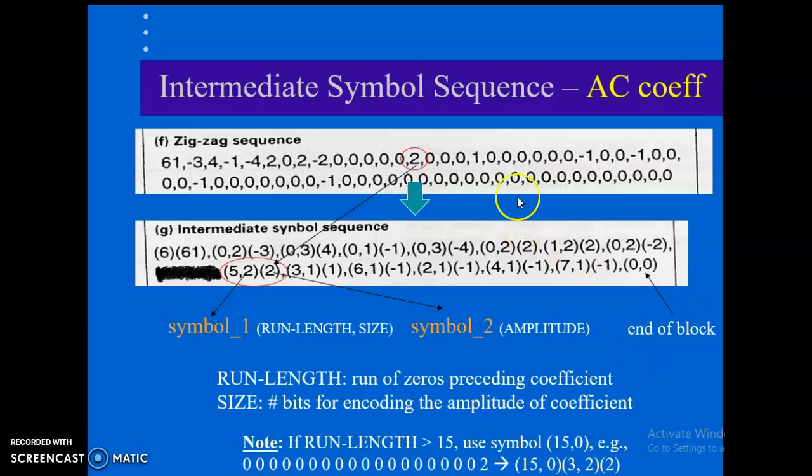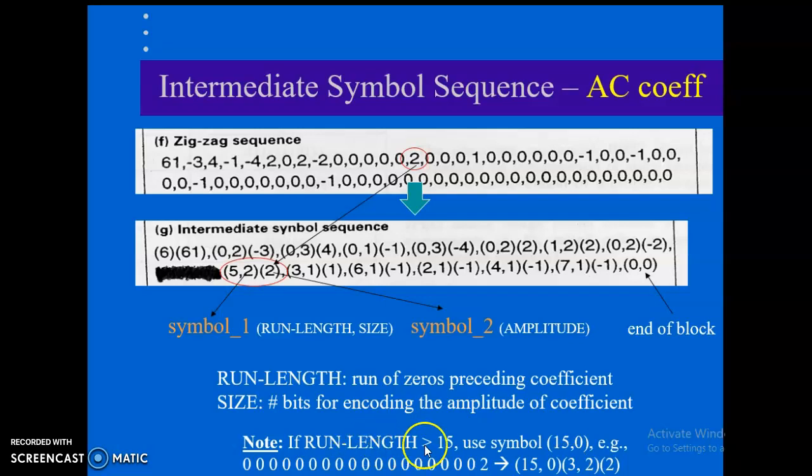Intermediate symbol sequence for the AC coefficients from the zigzag sequence: symbol 1 is run length and size, symbol 2 is amplitude. This is the end of block. Run length is the run of zeros preceding the coefficient; size is the number of bits for encoding the amplitude of the coefficient.